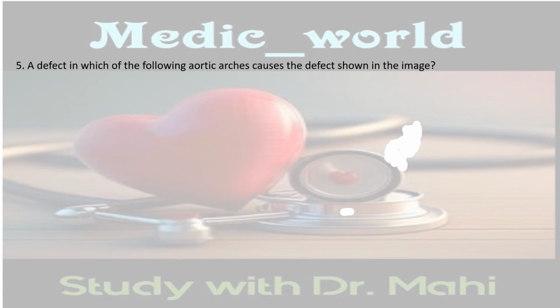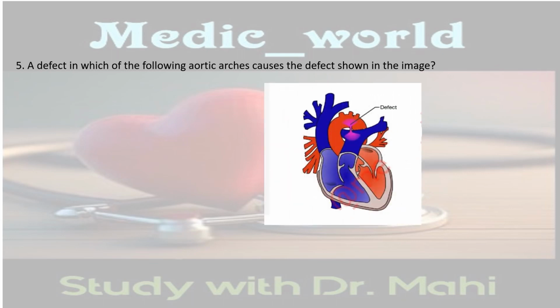Now the next question, a defect in which of the following aortic arches causes the defect shown in the image? The defect shown in the image is patent ductus arteriosus, and it is due to the defect on the left side of the sixth pharyngeal arch.